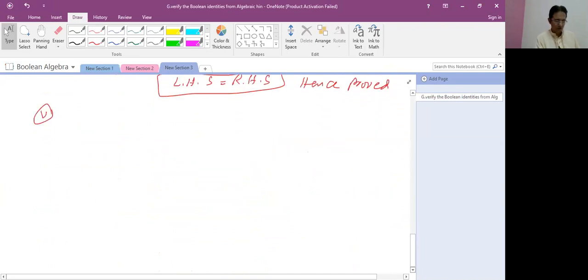De Morgan's law. How can we prove it? So (A plus B) whole complement is equal to A complement into B complement. It is De Morgan's law.